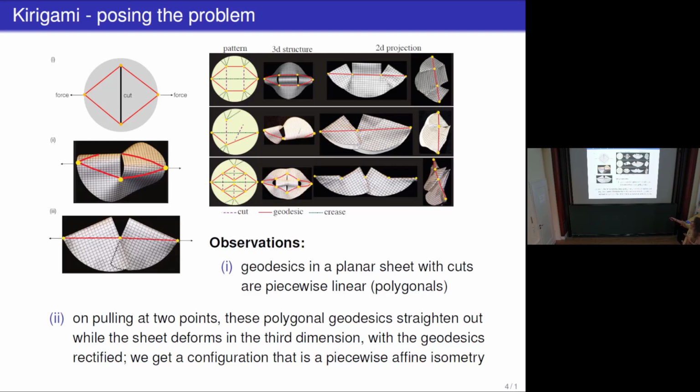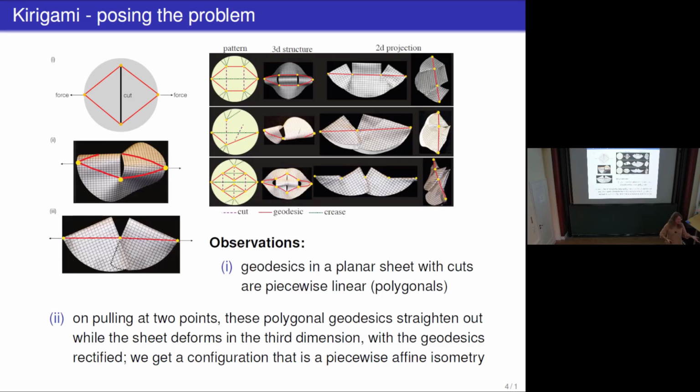Just one single cut. How many geodesics do I have? Let's say this cut is, in this particular picture, precisely located so that the picture is symmetric, exactly at the center. So you have one geodesic and one geodesic here. You have two geodesics. When you pull, those two polygonal geodesics are going to become a straight line, a segment, and then you cannot pull anymore.